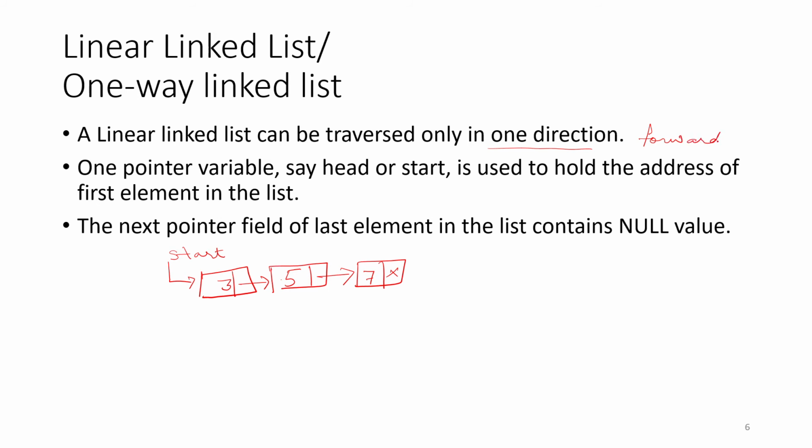This one direction is the forward direction. One pointer variable, say start or head, is used to hold the address of the first element in the linked list. The next pointer field of the last element contains the null value. Why is it null? Because it does not point to any node.